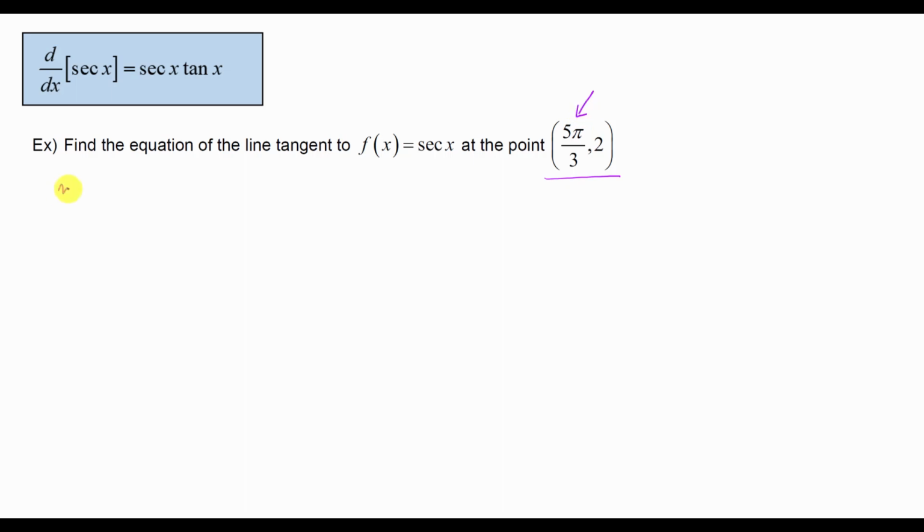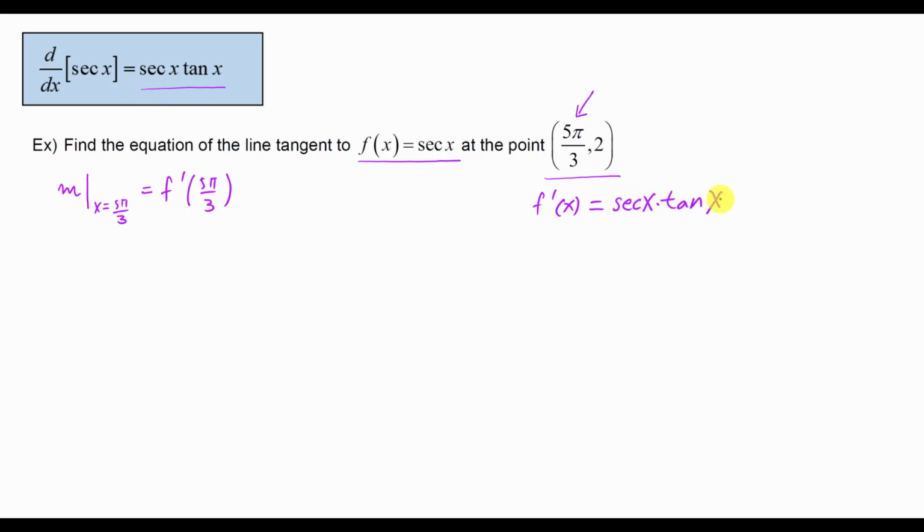So to find the slope m at x equals 5 pi over 3, you just need to find f prime of 5 pi over 3. So what is f prime of x? Because f of x is secant x, and you have a formula. F prime of x equals secant x tangent x.